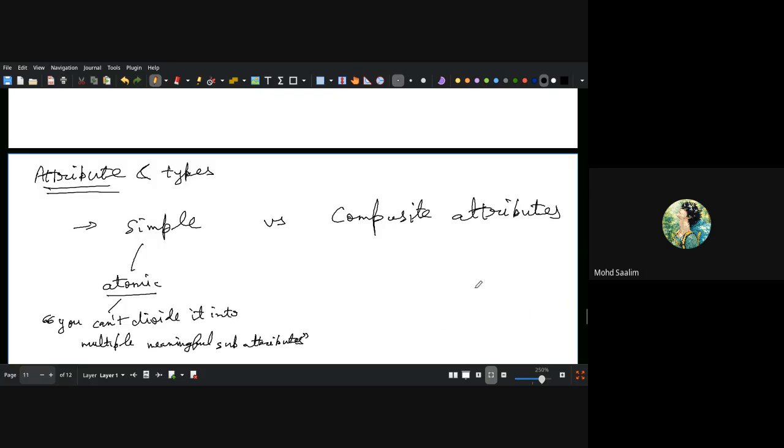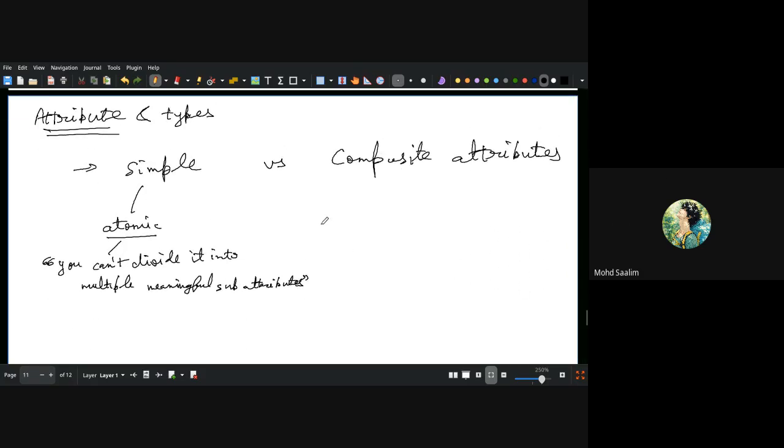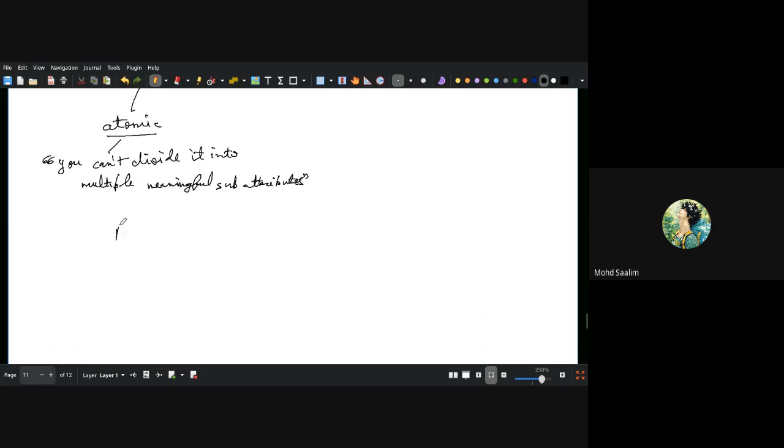For example, let's take a very simple example. Let's take Raj Thakur. Okay, this is a name. Now let's say I am storing this name in a table like this. The first attribute is first name, second attribute is last name.